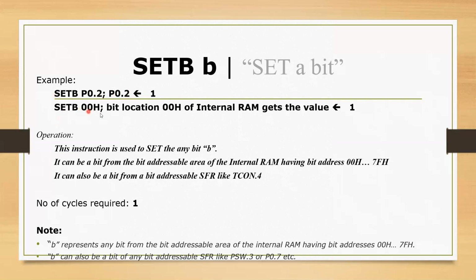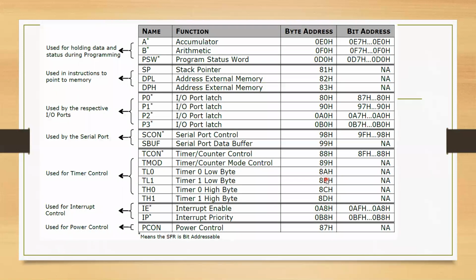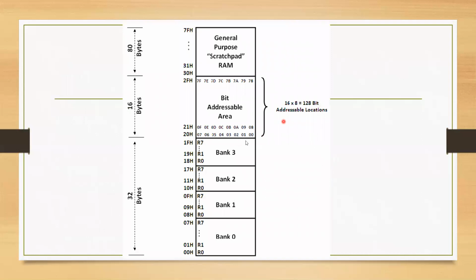SETB 00 hex means the bit location 00 hex of the internal RAM gets the value 1. This is the bit location 00 hex, and this is the byte location 00 hex. So this bit location 00 hex is set, that means the value will be set to 1.